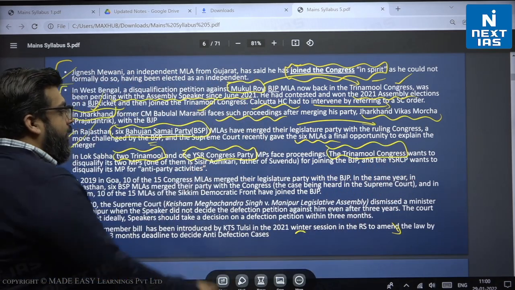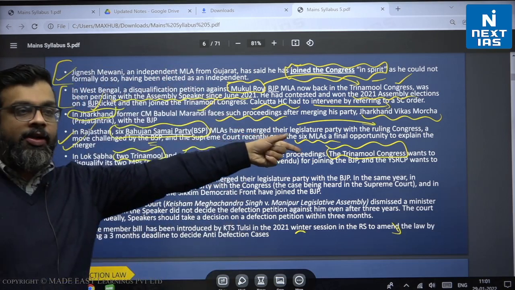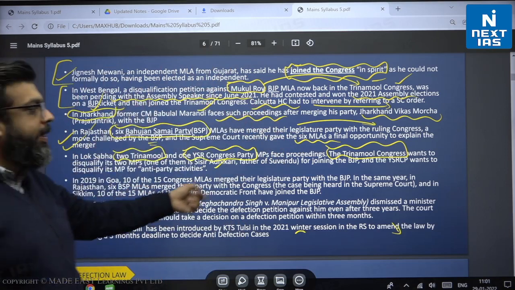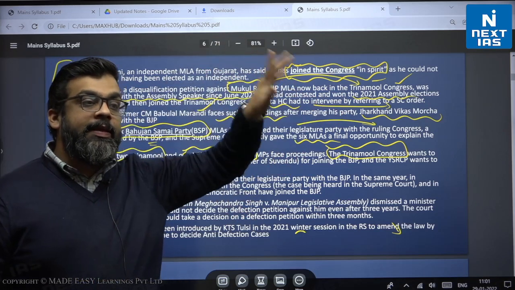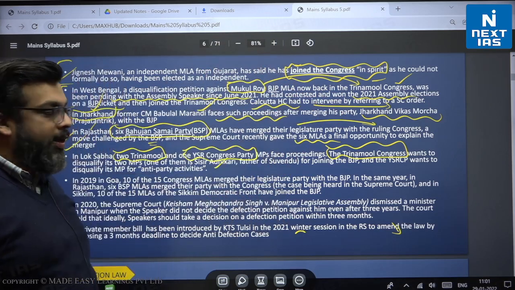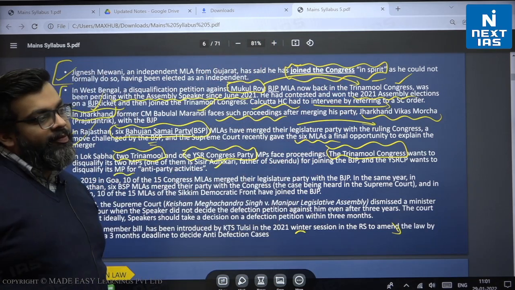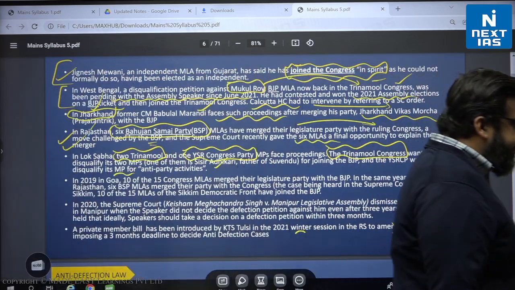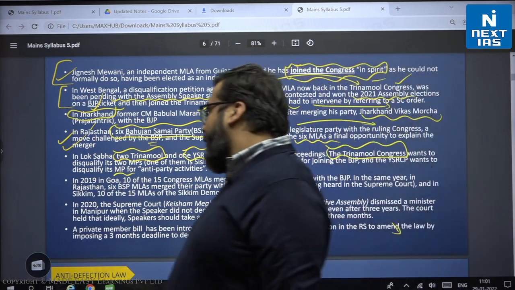One of them is called Sisir Adhikari, who is the father of Suvendu Adhikari, who was very, very popular in the Bengal elections last year for joining the BJP, because the son has joined the BJP and is BJP's face in Bengal. And YSR wants to disqualify its MP for anti-party activities, for some of the statements he made in public.